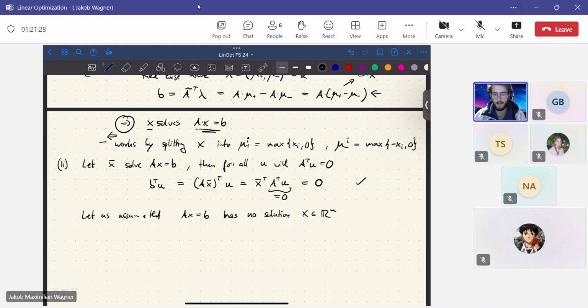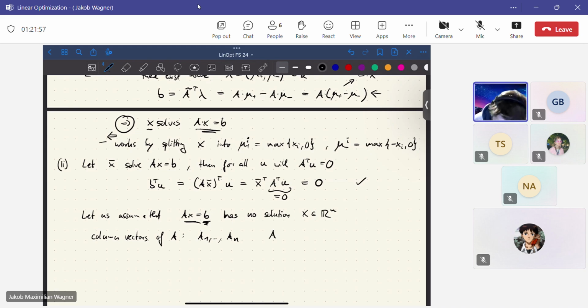We know that this equation system has a solution if b, the right-hand side vector, is in the span of all of the column vectors of A. So we denote the column vectors of A by A1 through An.